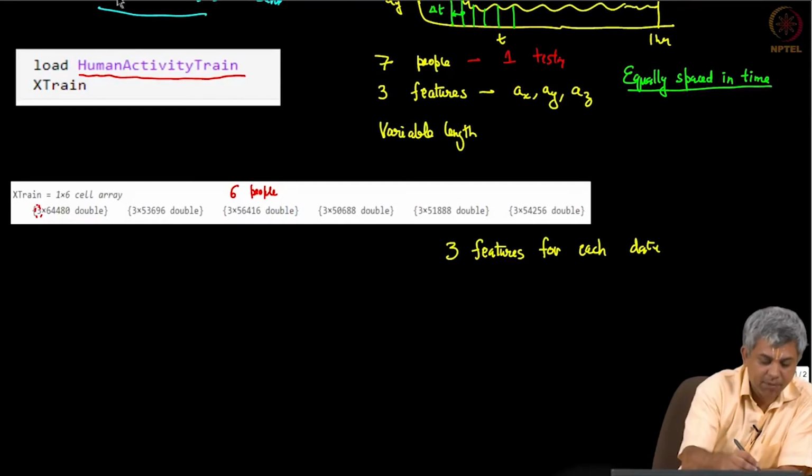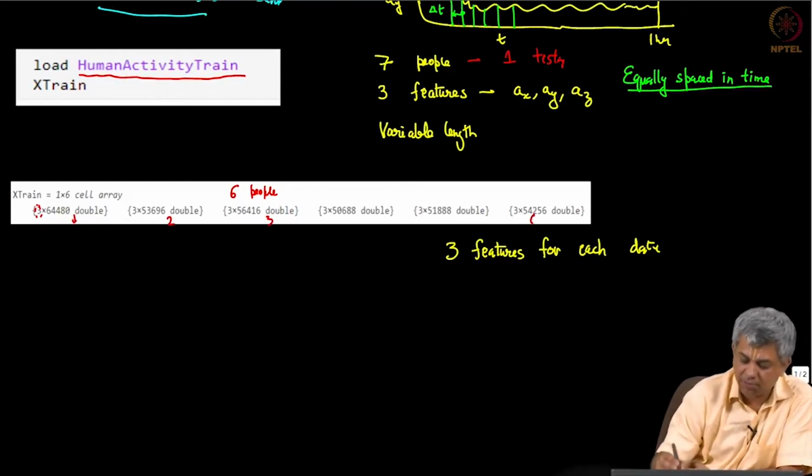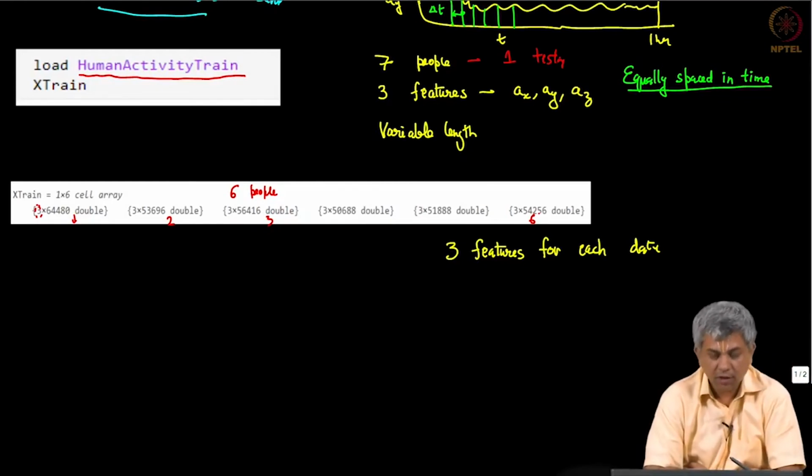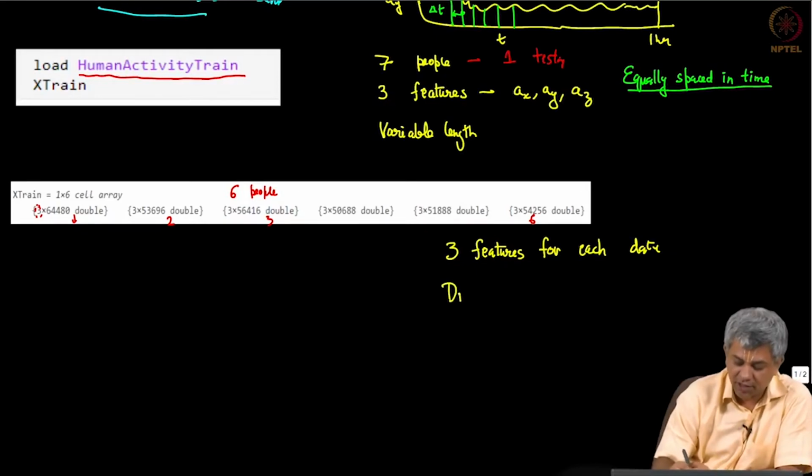So, this is example 1, example 2, example 3 up till example 6, okay. But each of them has different sequence length.